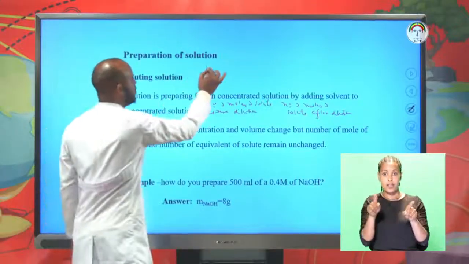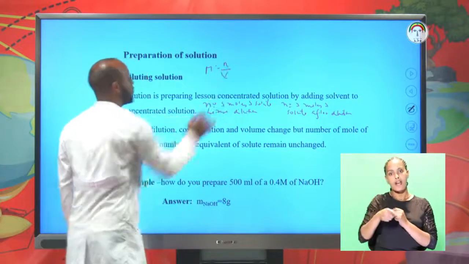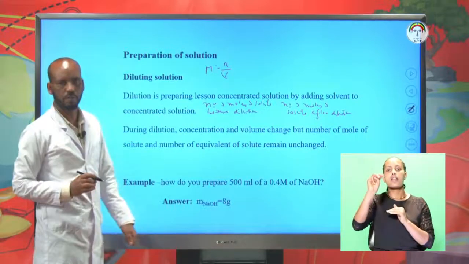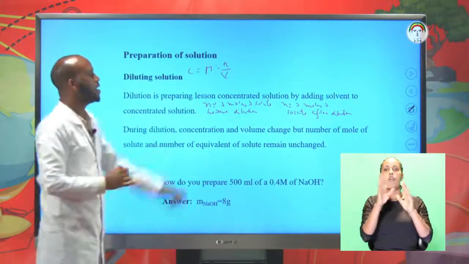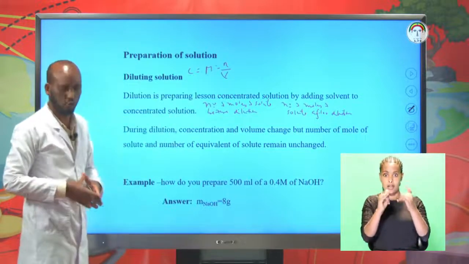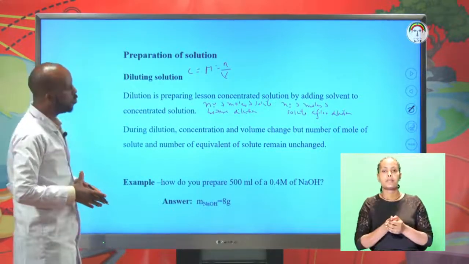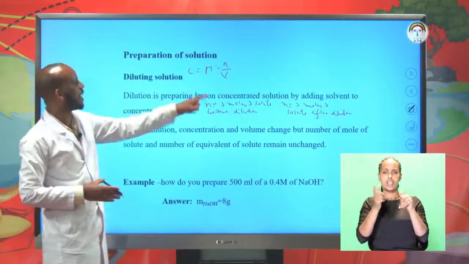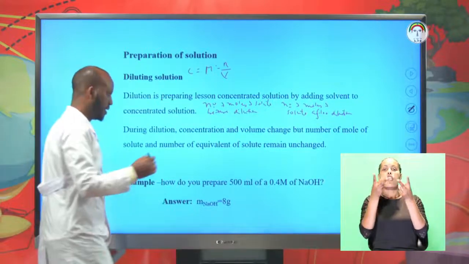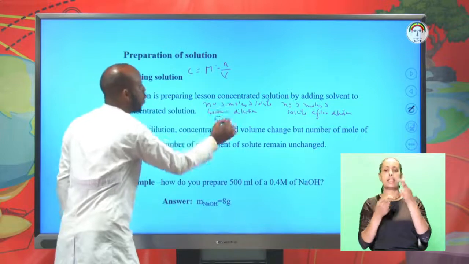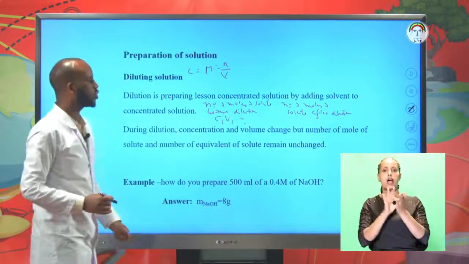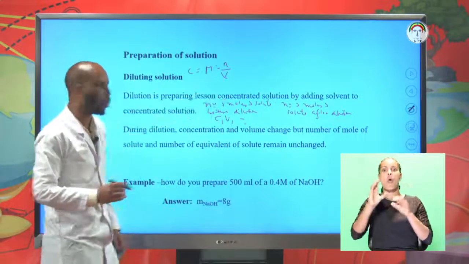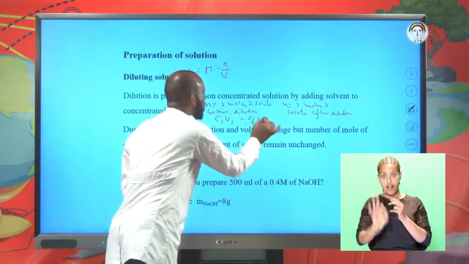But molarity is the number of moles divided by the volume of the solution. From this, number of moles equals molarity times volume, or concentration of a solution equals number of moles divided by volume of the solution. Now, initial moles of the solids equal initial concentration times initial volume, C1 times V1, which equals the number of moles of solids after dilution, final concentration times final volume, C final times V final.